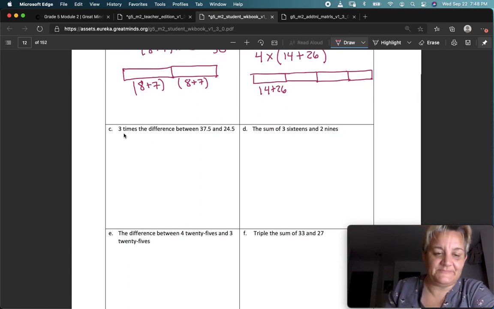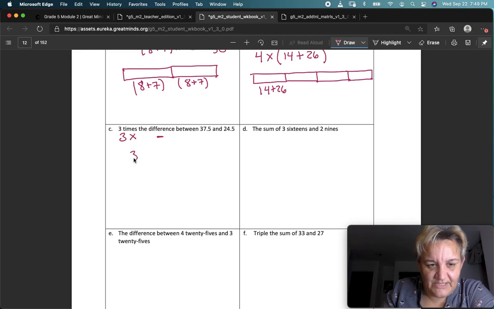That's the hardest part. 3 times the difference. What does difference mean? It means subtracting 37 and 5/10 and 24 and 5/10. Okay, so let's see the difference between. So that means we're going to go 3 times 37 and 5/10.